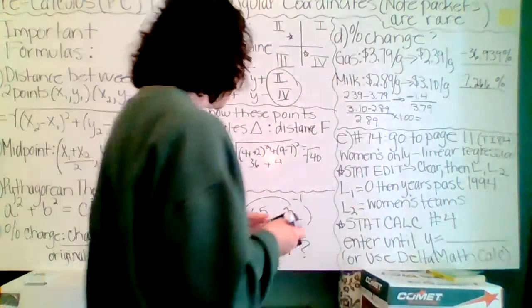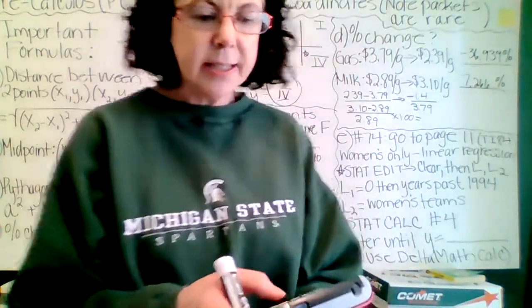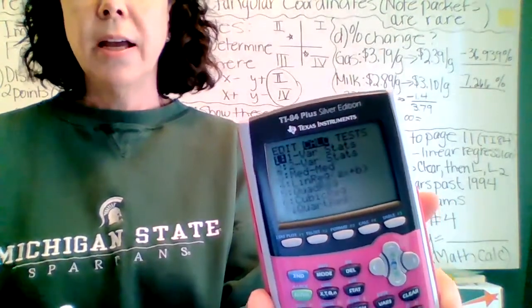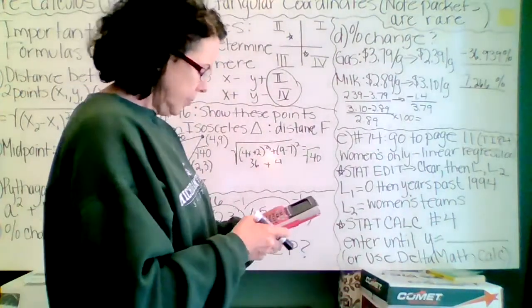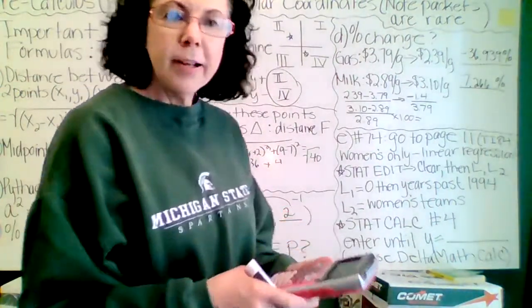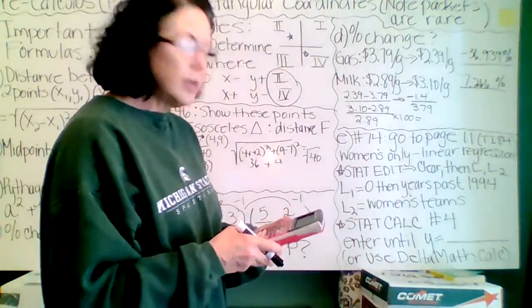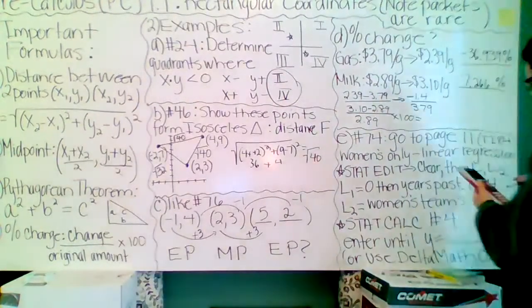Okay, so we want a linear regression. The next thing we do is hit that stat button, move over to calc, and go down to number 4, linear regression. There we go, and we're just going to hit enter until it gives us the equation of a line we are looking for. I'm going to write that right here.